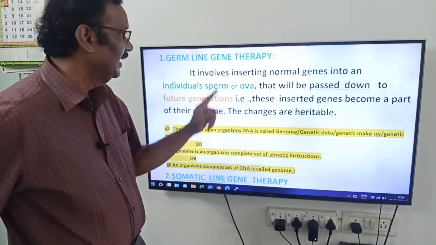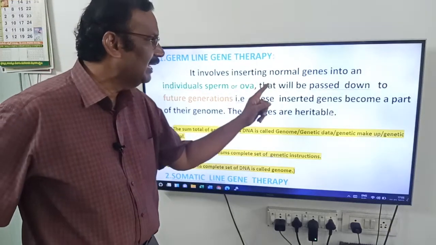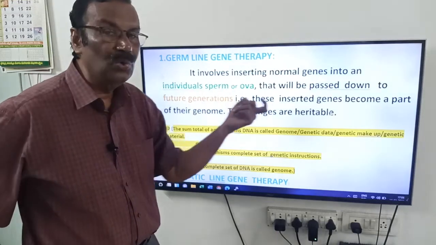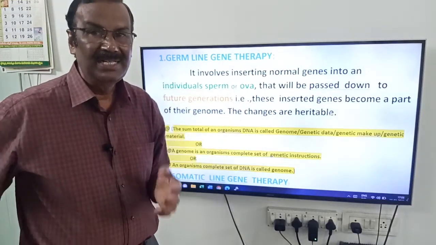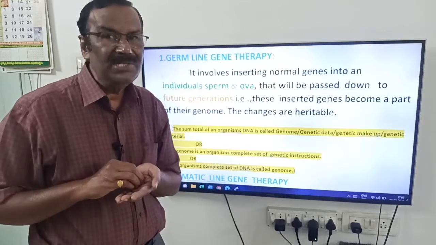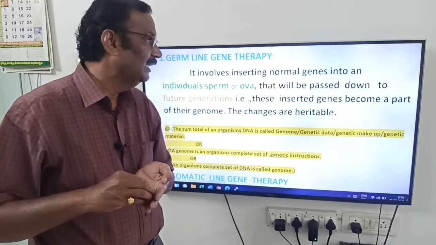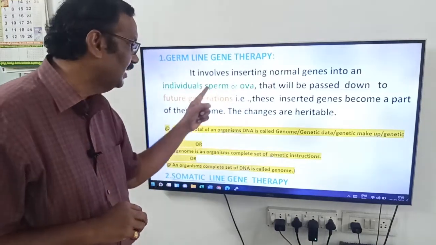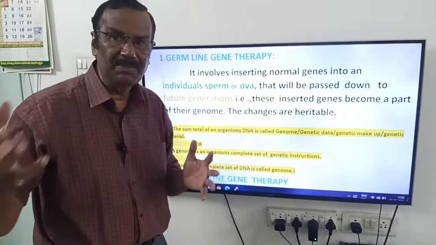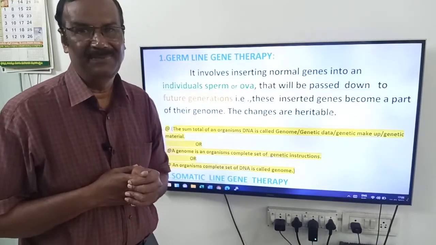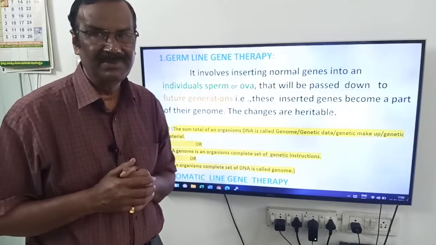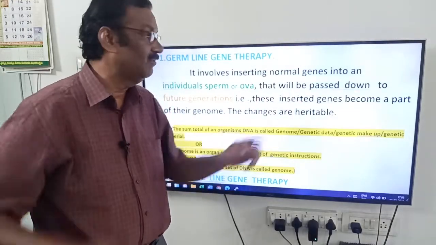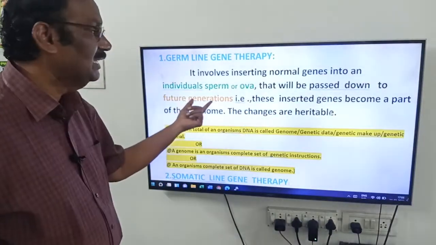Germline gene therapy involves inserting normal genes into an individual's sperm or ova. See, friends, here we are introducing the normal genes into an individual's sperm or ova. You know, sperm or ova are gametes. They have germplasm. These genes will be passed down to future generations.